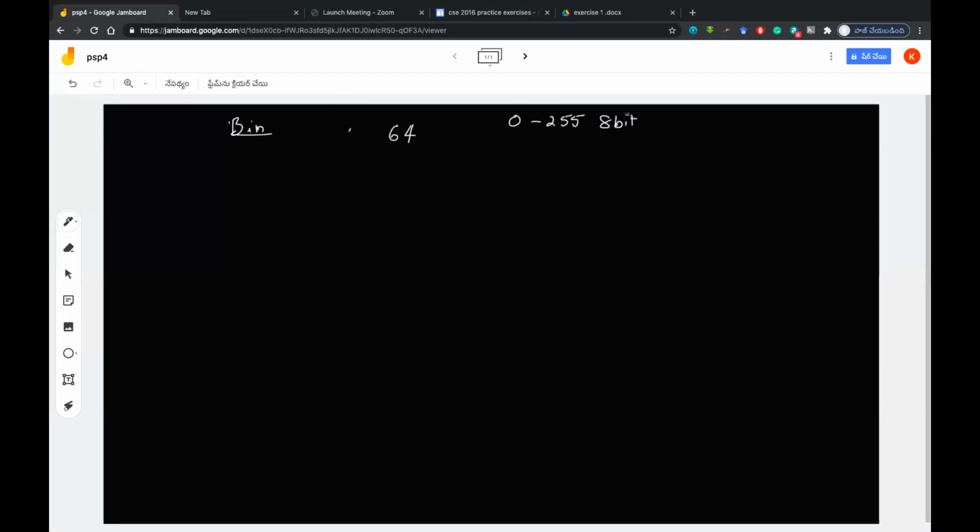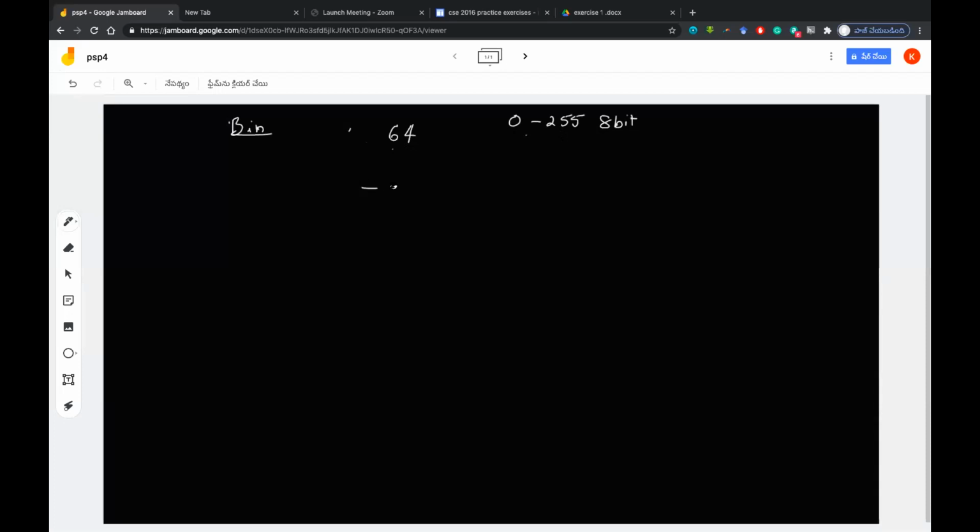If all the bits are filled with 1, that means all the bits are on, then you will say it is 255. From 0 to 255 will be the range. So in our problem, I'm always trying to take only the range of 0 to 255.